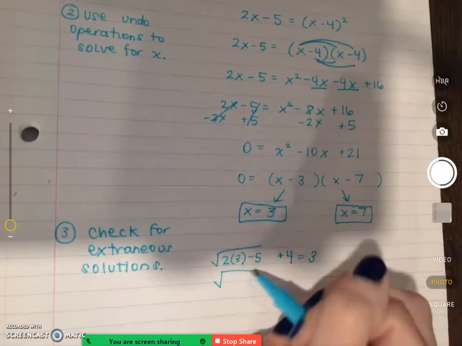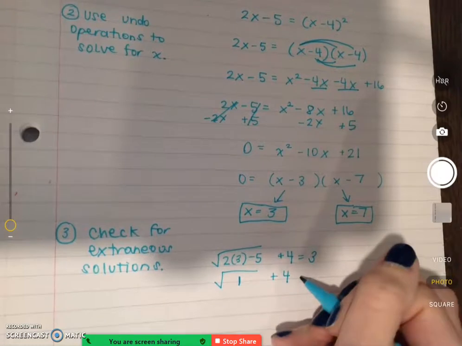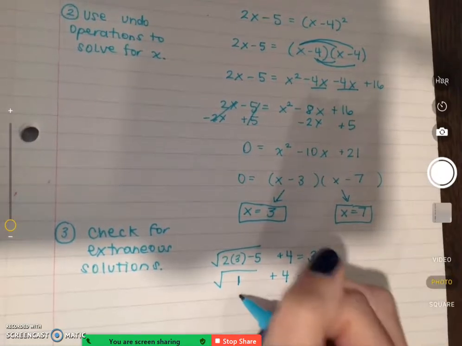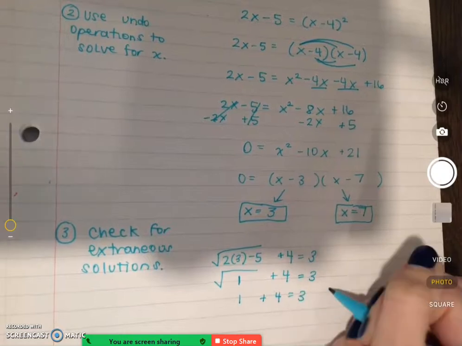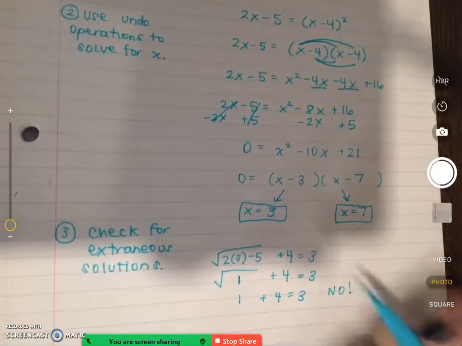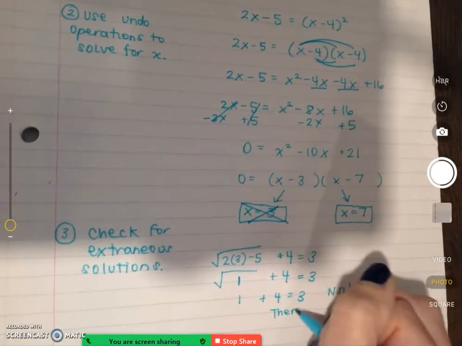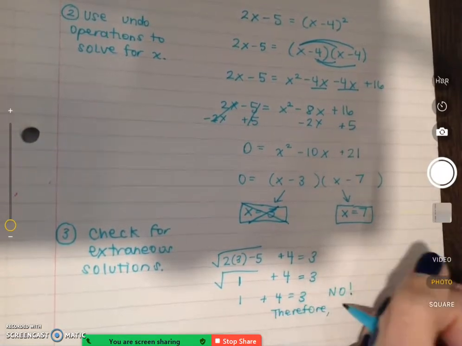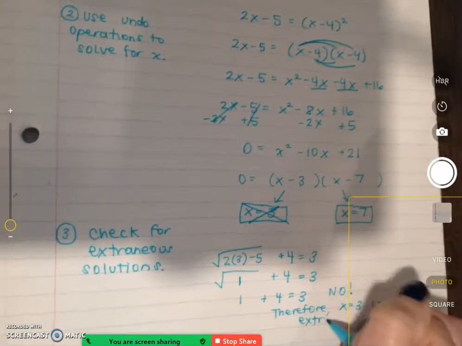The square root of 6 minus 5 is 1. Is 1 plus 4, the square root of 1 is 1, equal to 3? No. Therefore, x equals 3 is extraneous.